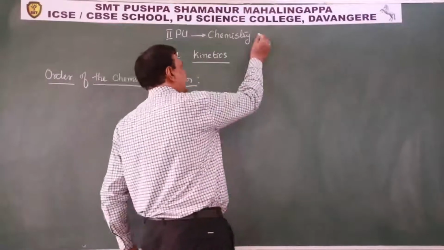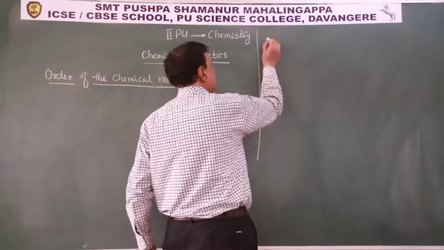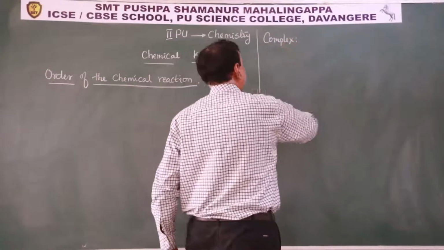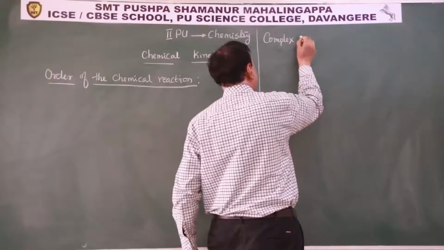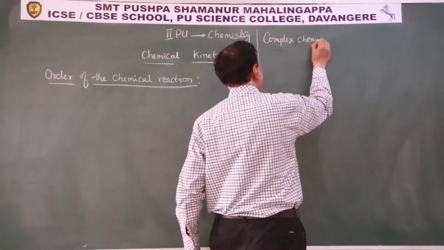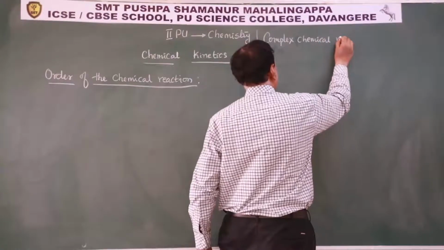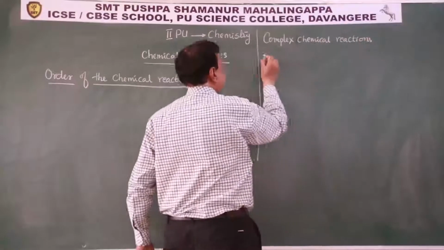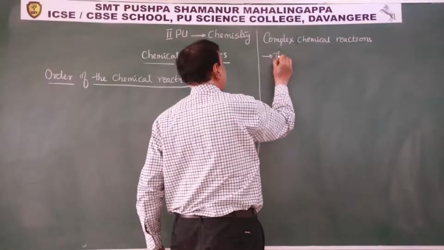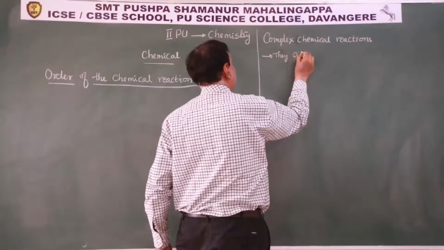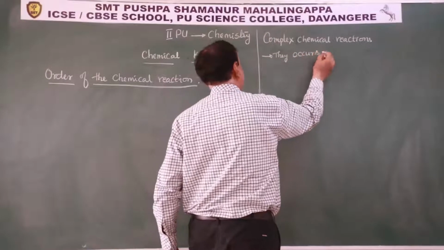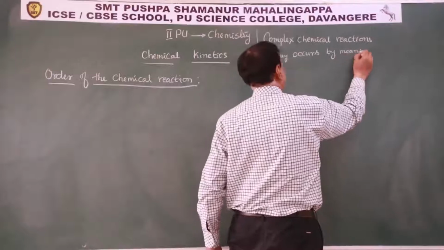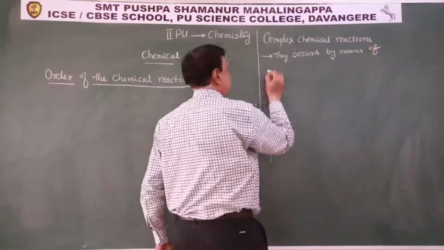What about complex chemical reactions? Before defining the order of a chemical reaction, we can discuss complex chemical reactions. Usually they occur by means of a number of steps.